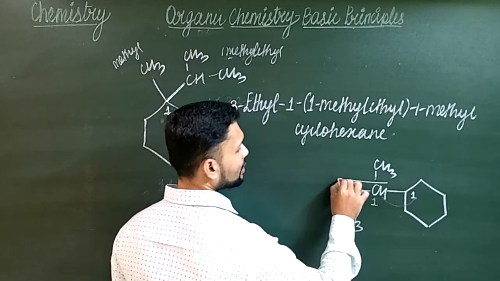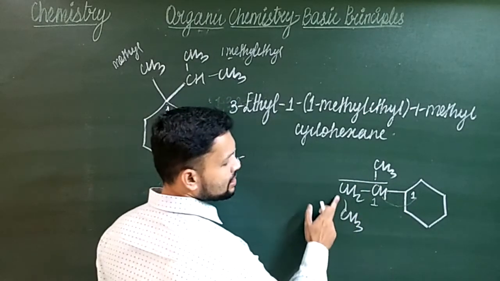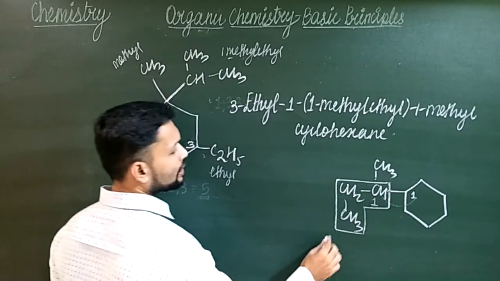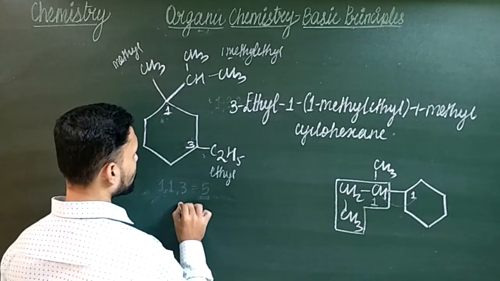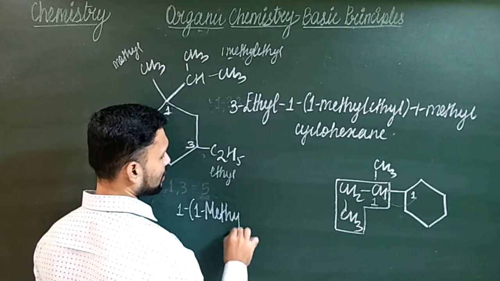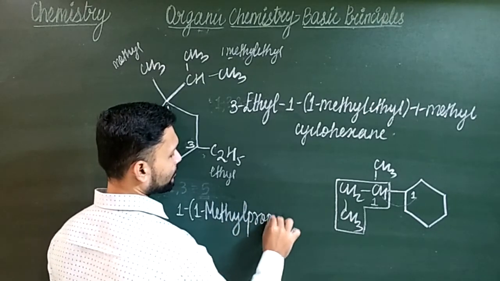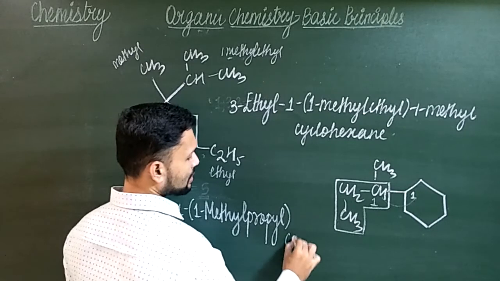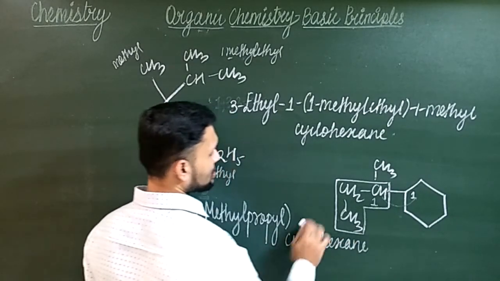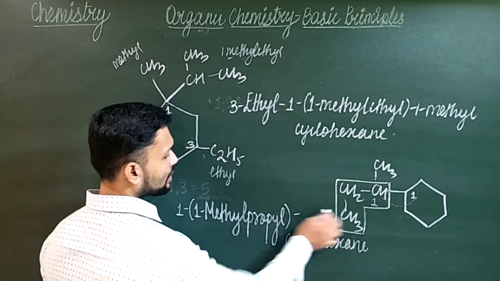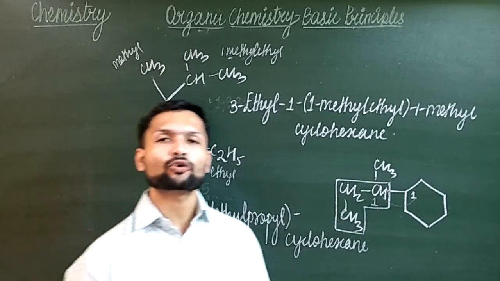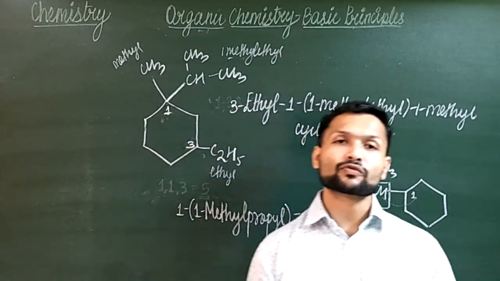Now some students will consider this also as a branch, but remember this is in continuous form, 1 2 3, and this is the branch. So the name goes as 1 bracket 1 methyl propyl bracket close cyclohexane. There was less space, so I've written it down, or you could have written it straight. Hope everyone has understood how to write the IUPAC names.